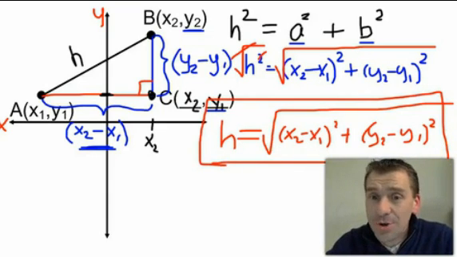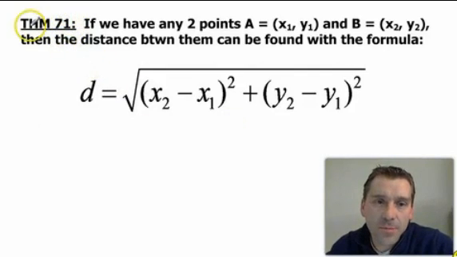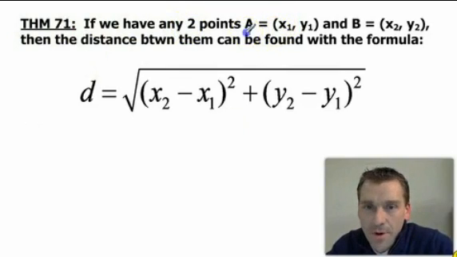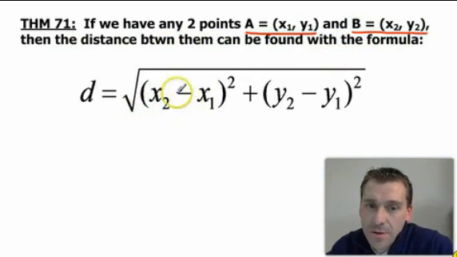So what should officially go into your notes for the theorem? It's right here. It's Theorem 71, denoted in your book. Wonderful. If we have any 2 points, don't care where they are, they can be positive, negative, doesn't matter. We'll practice a bunch in class. And another point, x2, y2. The distance between them can simply be found by doing this.